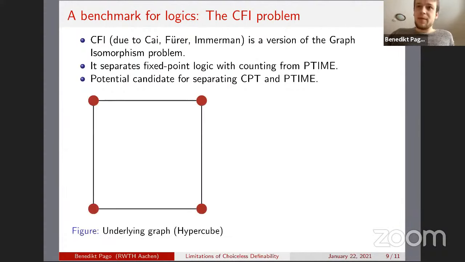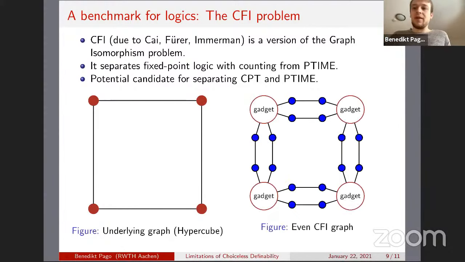And so what does this problem look like, roughly speaking? Instances of the CFI problem are always obtained by applying a certain construction to a fixed family of underlying graphs, as they are called. In our example, let's say the underlying graphs are hypercubes, and then the CFI graphs on them are obtained by replacing the vertices with certain vertex gadgets, which we treat as black boxes now, and the edges are replaced with these edge gadgets here.